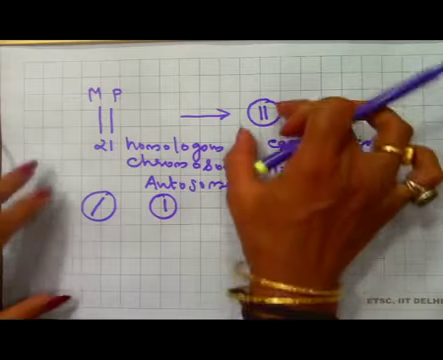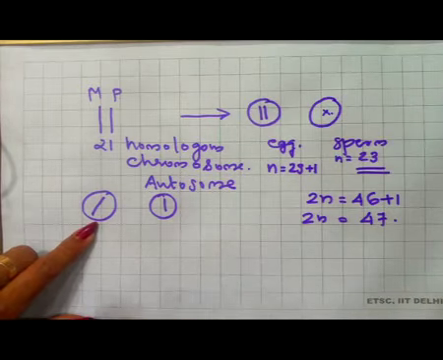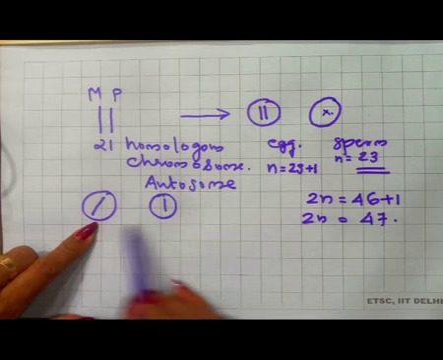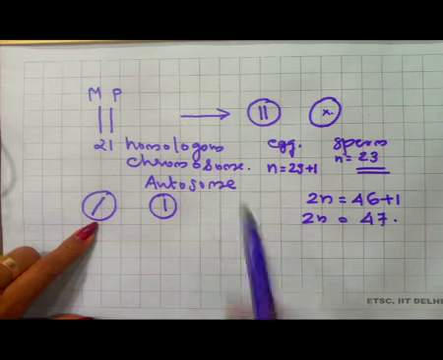Normally during gamete formation, the members of the homologous chromosomes must segregate and move to 2 different gametes.